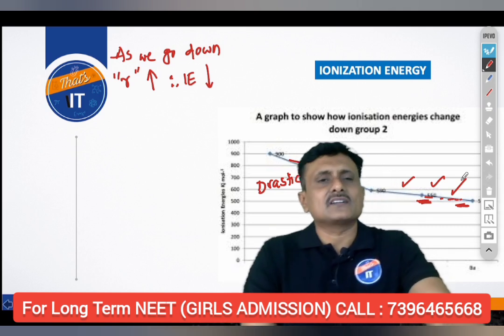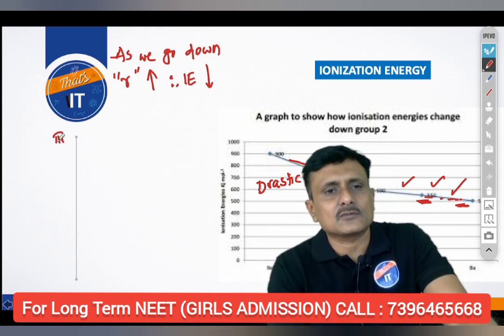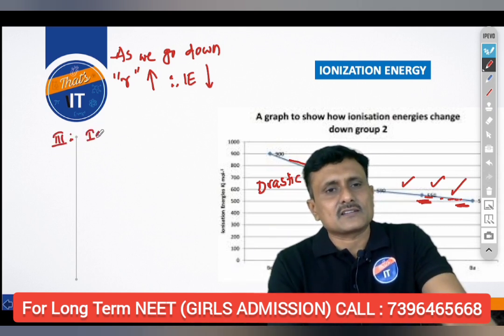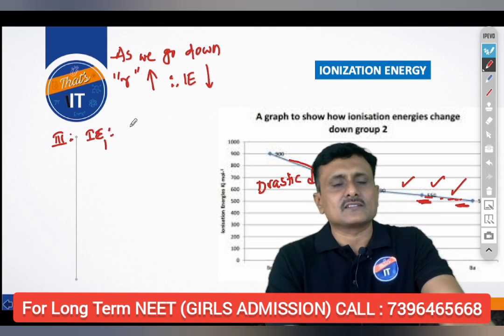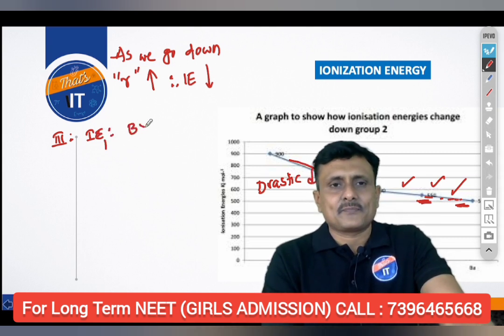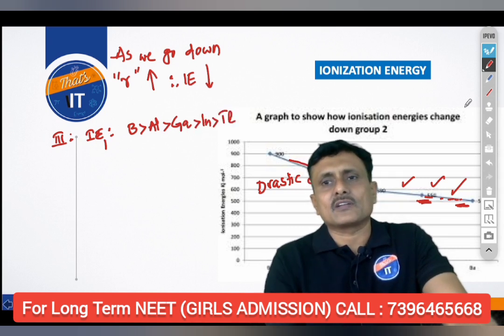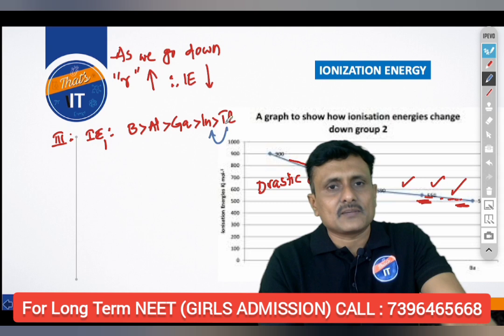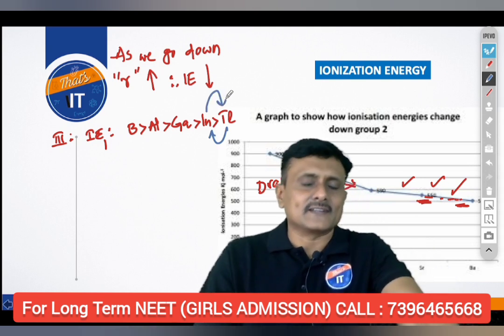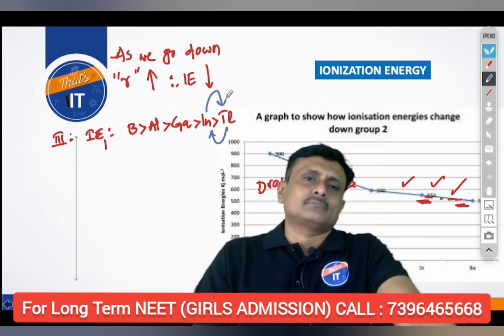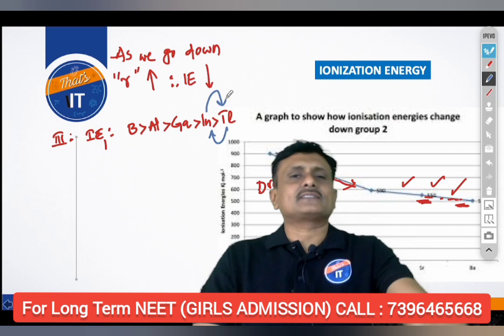Indeed, if you take the third group or 13th group elements and compare the first ionization energy, smaller to greater: boron, aluminium, gallium, it should be indium and thallium. However, it was found in reality that thallium has more ionization energy than indium. That's real. The reason is simple.